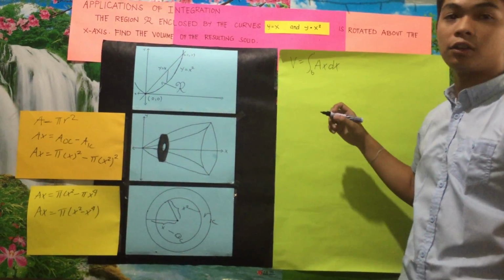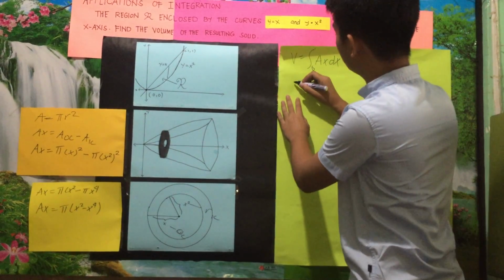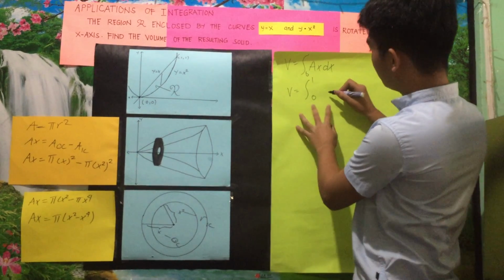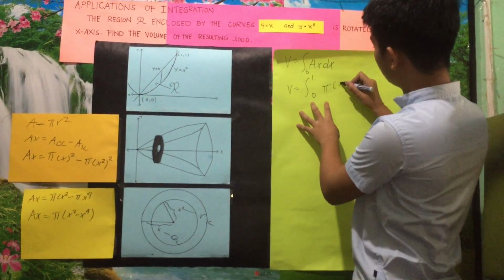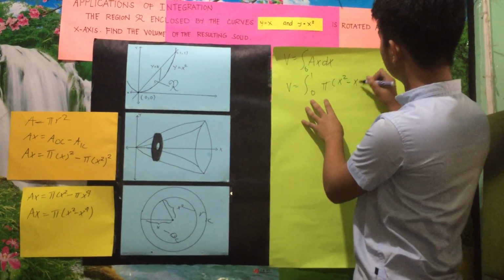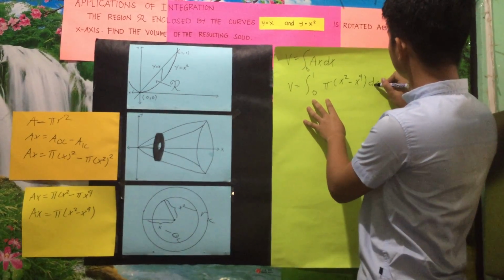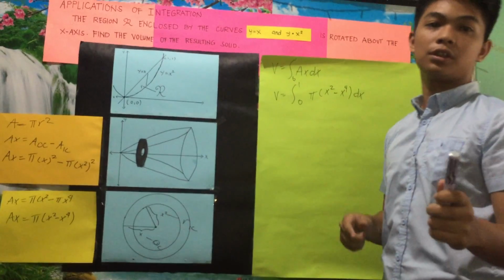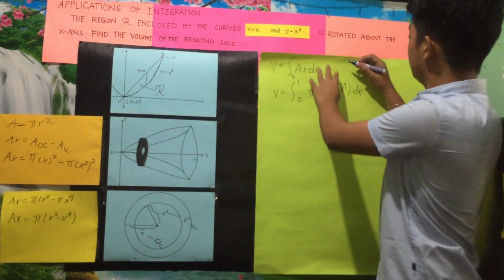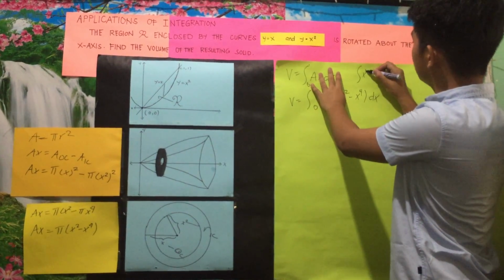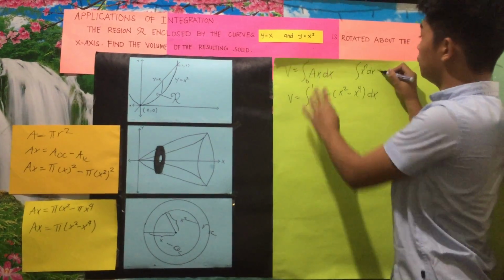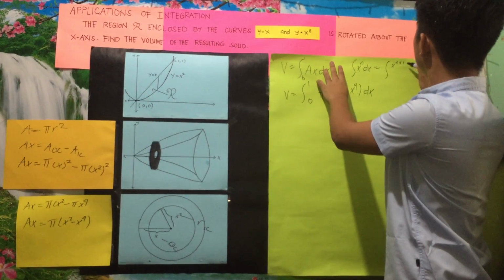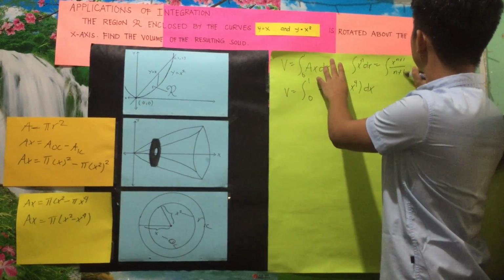And substituting the values for the cross-sectional area, it will now become V equals the integral of pi times x squared minus x raised to 4 dx. But to integrate this, we will use the power rule, which is the integral of x raised to n dx, which becomes x raised to n plus 1 over n plus 1.